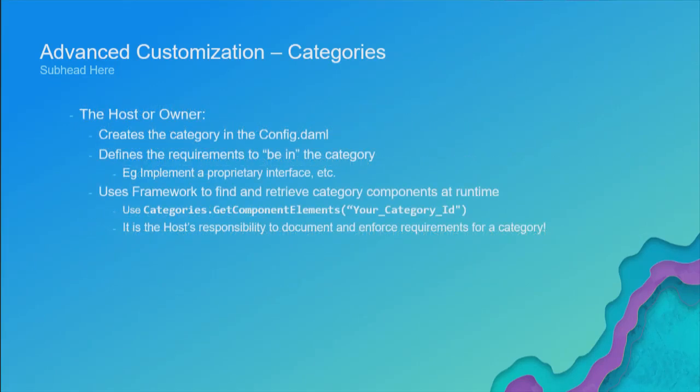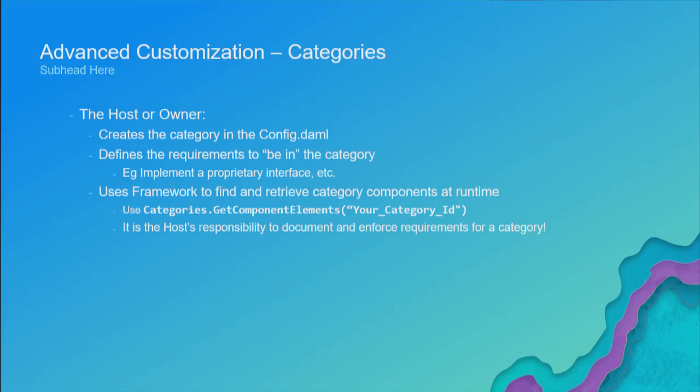So the host then creates the category in the Config.daml. We'll see how to do that. The host is responsible for saying what it means to be in the category. Perhaps there has to be some kind of interface implemented. And then the host is also responsible for finding its components. It's going to use a method called categories.getComponentElements.